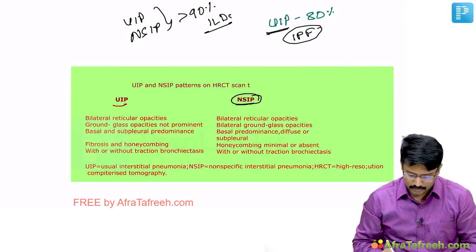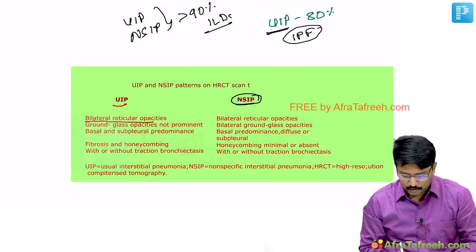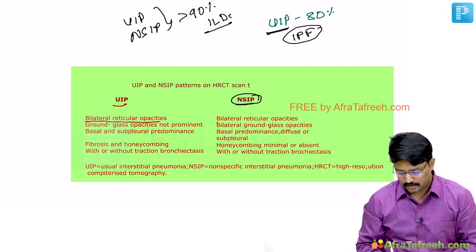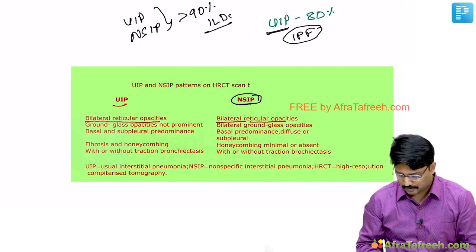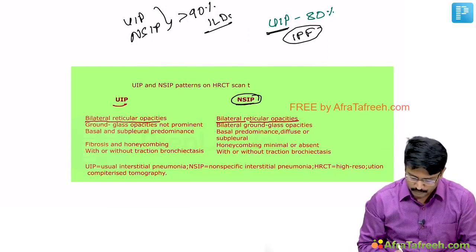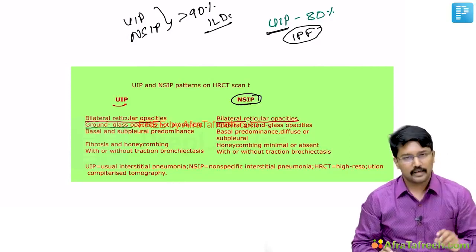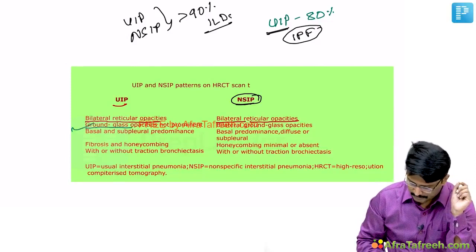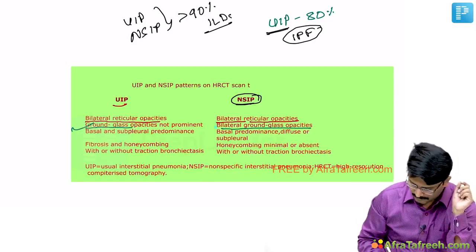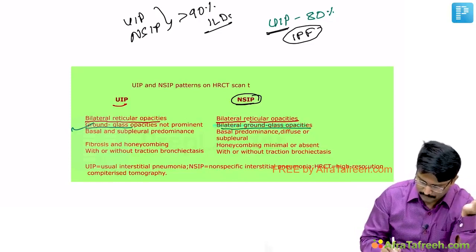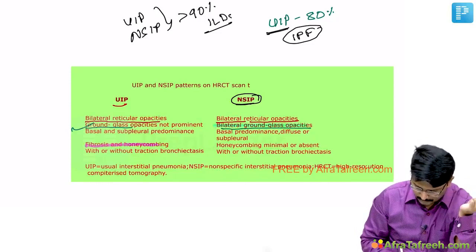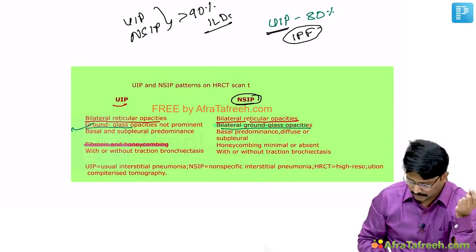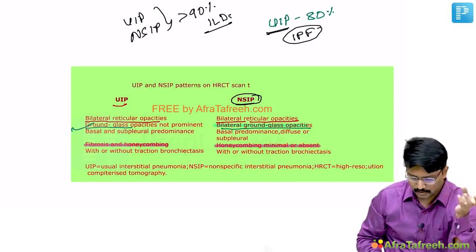To start with, we see bilateral reticular opacities on both sides in NSIP and in UIP also. But the ground glass opacities are not frequently seen in patients with UIP, but they are frequently seen in patients with NSIP. On the other hand, fibrosis and honeycombing are frequent in UIP and very rare in NSIP.